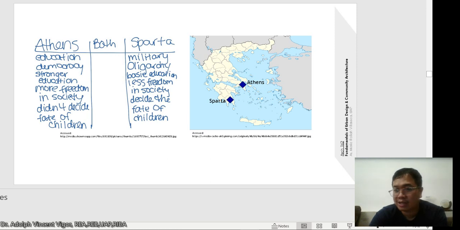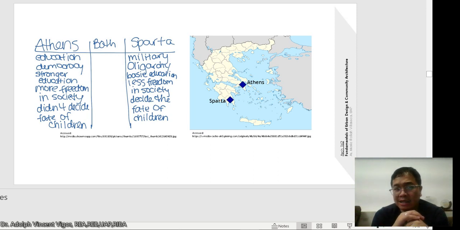So let's look at the difference between Athens and Sparta. When you talk about Athens, it talks about education, democracy, stronger education, more freedom in society. Society didn't decide the fate of children.